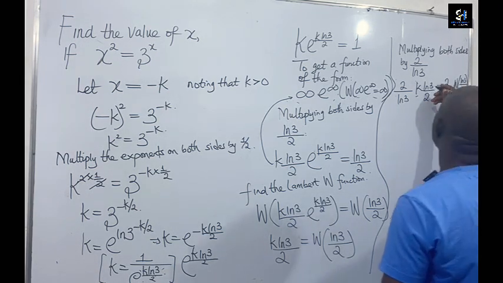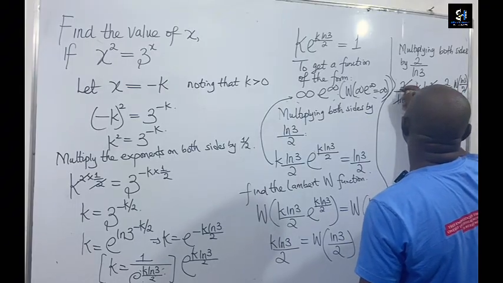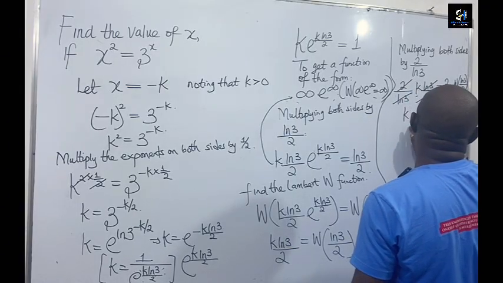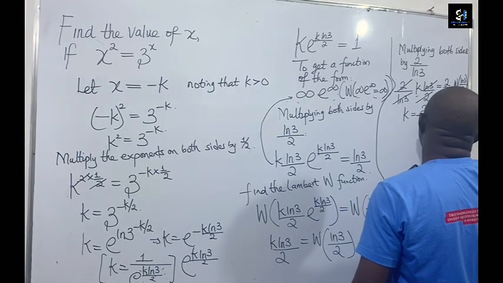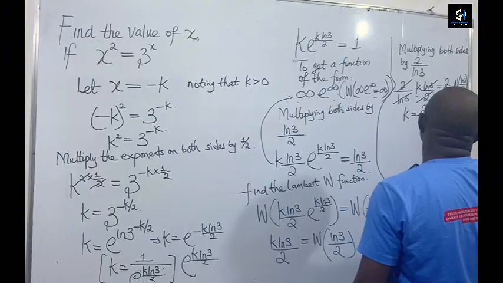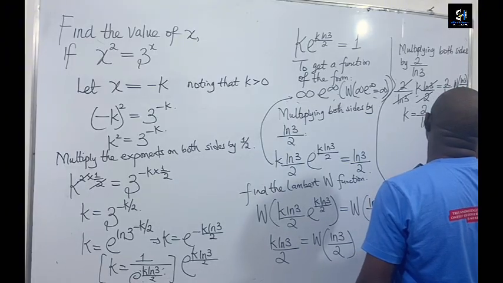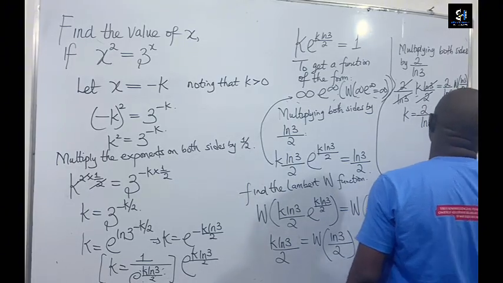So this will cancel this, and we'll be left with k equals 2 over ln 3 multiplied by the Lambert W function of ln 3 over 2.